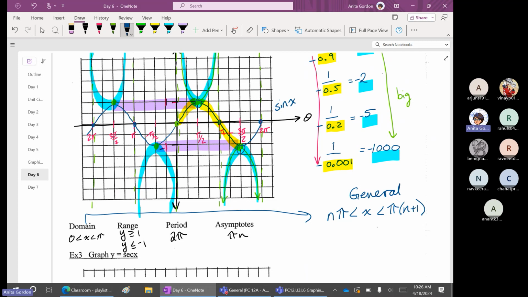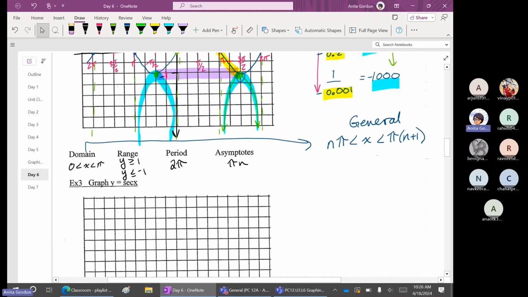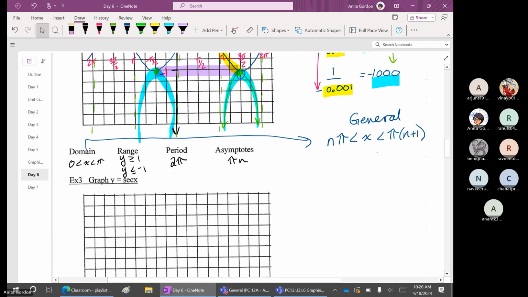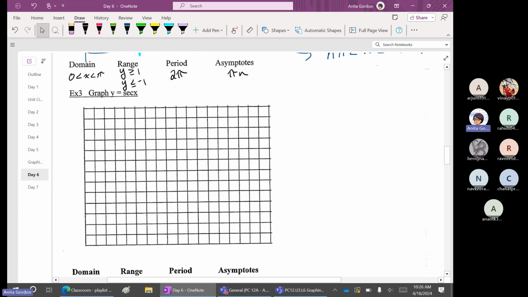If I scroll, okay, so we're going to do this one here. Okay, secant is related to which trig function? What is it? 1 over cosine. So we're essentially going to follow the same pattern. So let's get the cosine first.